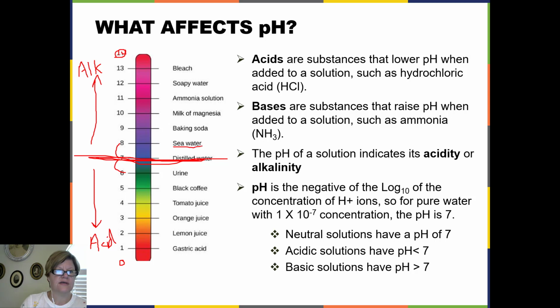Seawater has a lower hydrogen ion concentration than pure water. So acidic means more hydrogen ion concentration, and the more acidic it is, the more hydrogen ions it has compared to water. And alkaline is less hydrogen ion concentration.